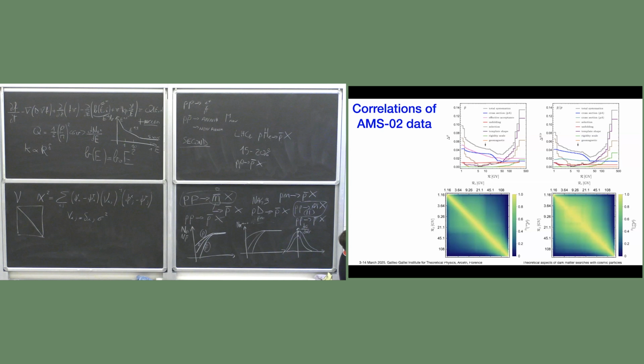This one on the right is for the antiproton over proton. In case of the ratio, antiproton over proton, typically the errors and the correlations are smaller, because using the ratio, systematics on the numerator and denominator cancel out.